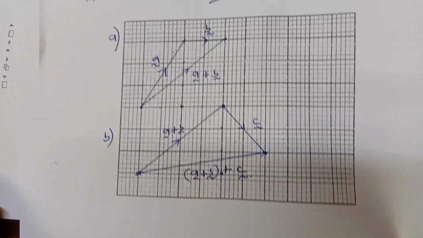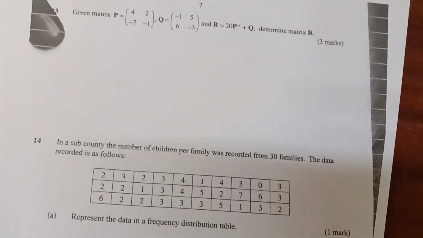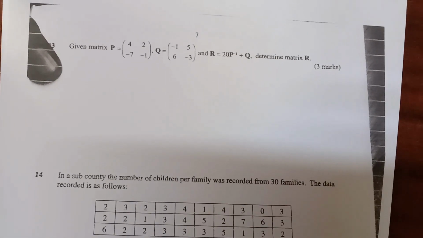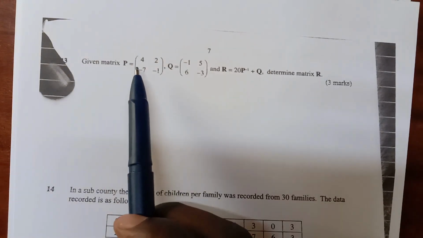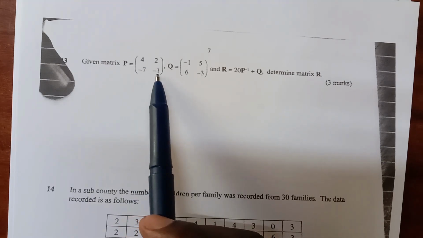Now let us look at our next question, which is question 13. Question 13, you've been given a matrix, so this one is on matrices. You've been given a matrix P having the elements 4, 2, negative 7, 1, negative 1.